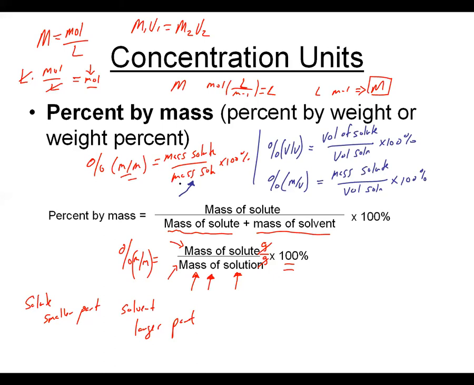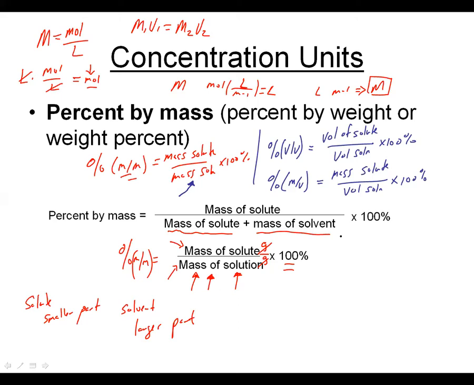So what does that mean when we have one of these? You can do these problems using these formulas and just plugging and chugging. But you can also use these if you're given a percentage as a usable conversion factor.